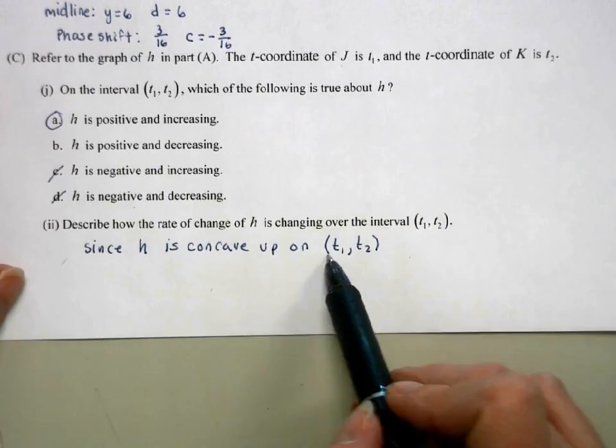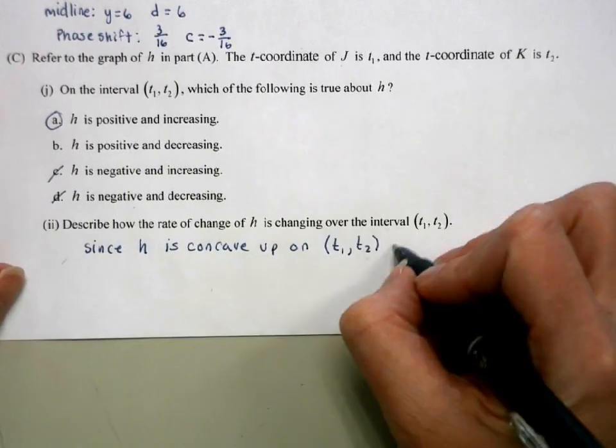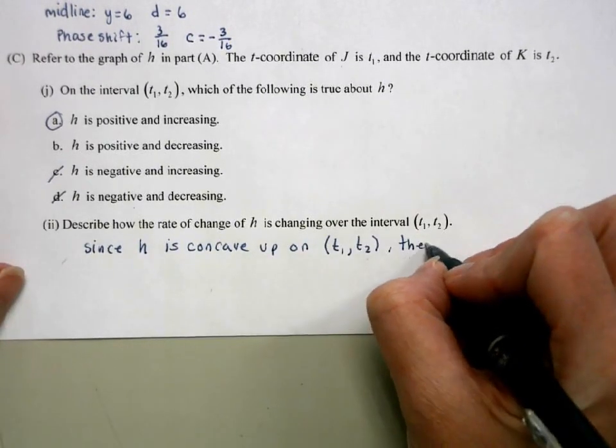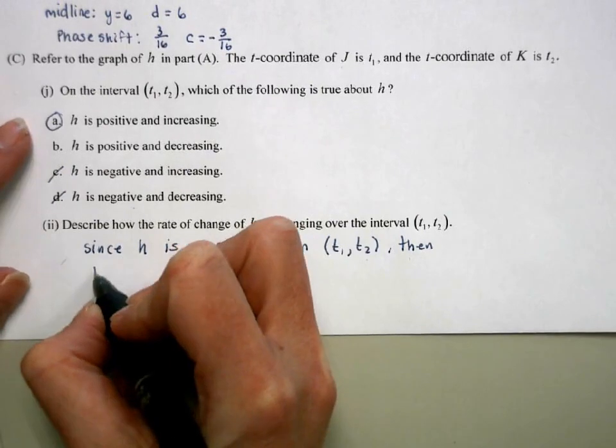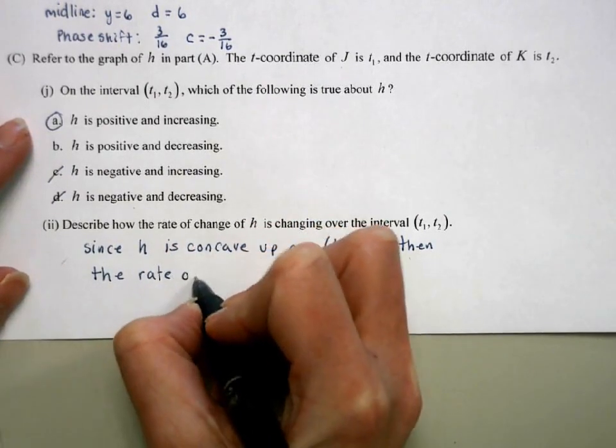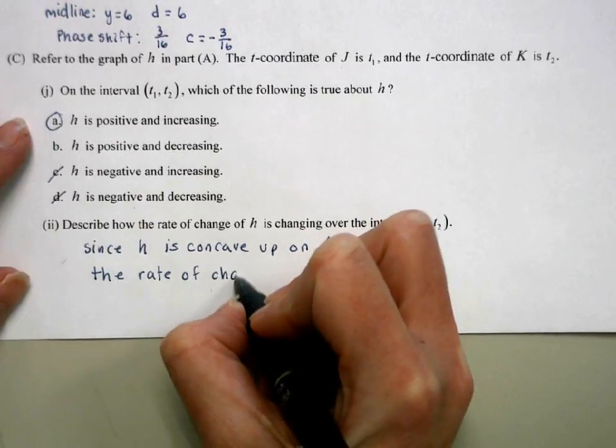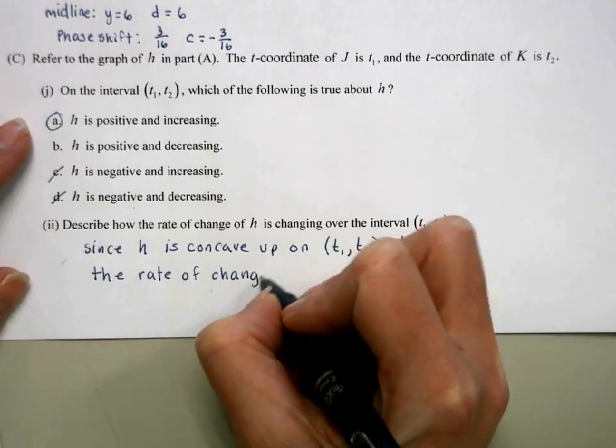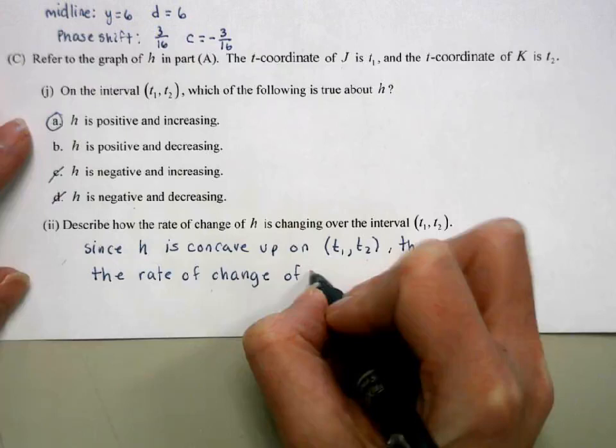Then the rate of change of h is increasing. And we only have two options there.